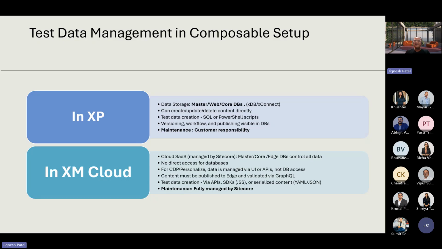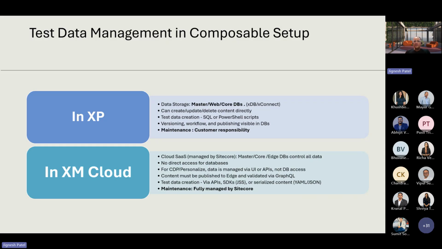You cannot directly access that database. Even if you have integrated with CDP, Personalize, or other applications via UI or APIs, DB access is also not possible in XM Cloud. So it is a kind of controlled environment, while XP is a very open environment. You can go and update the content based on your need.